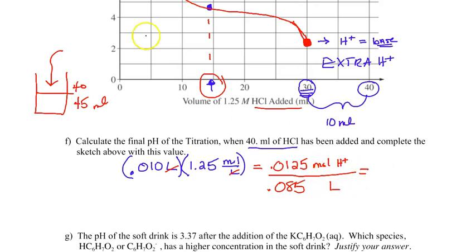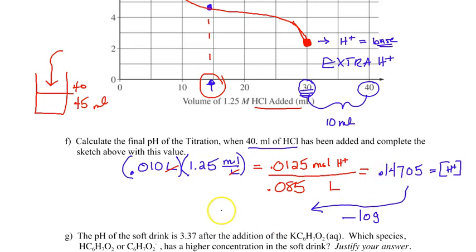And what I get, party people, I get 0.14705, and that's my molarity of my what? Protons, H pluses, or H3O pluses. What do I want? I want the final pH. To get the pH, I do negative log of 0.14705.